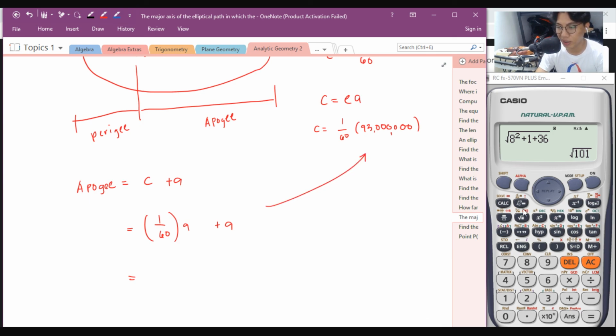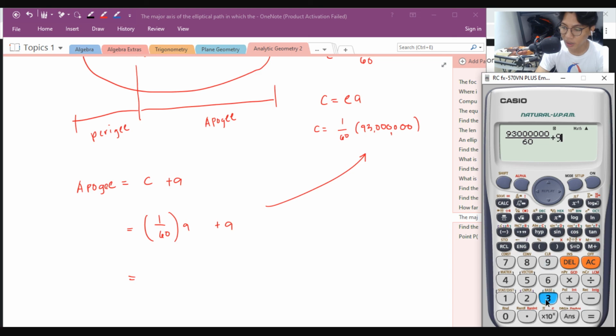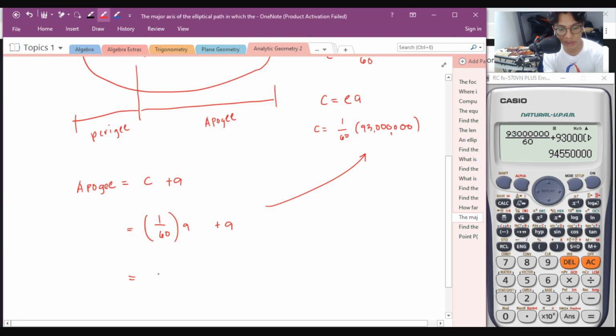Pasok natin yung value niya. 1/60 times 93 million plus 93 million. The answer is, ayan o, 94,550,000 miles.